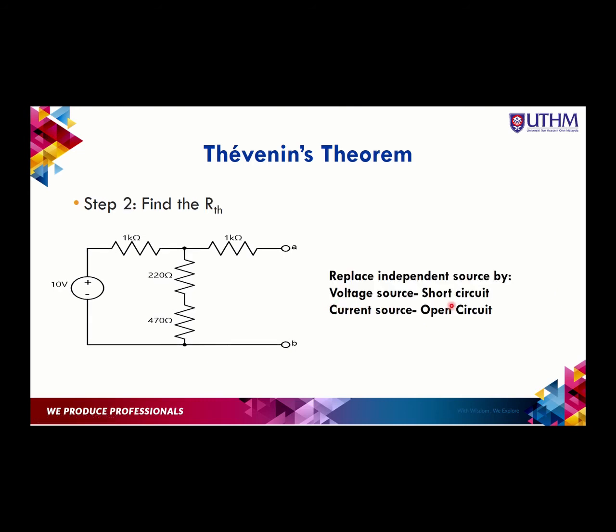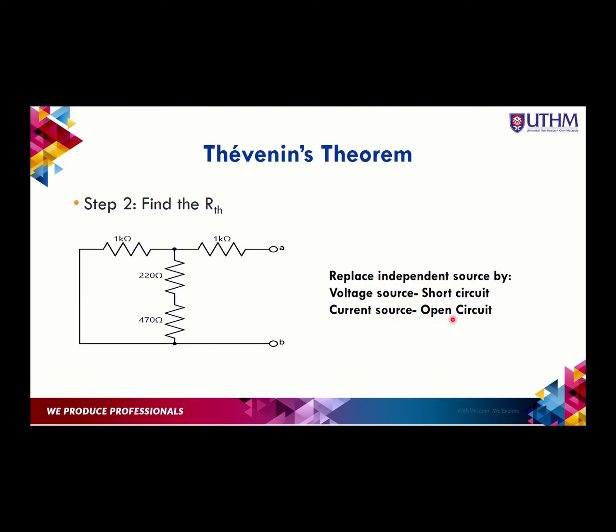Next, we replace voltage sources with short circuits and current sources with open circuits. In this situation, if we redraw the circuit, it becomes like this, where you have 1 kilo ohm in series with the parallel combination of 1 kilo ohm, 220 ohms and 470 ohms.